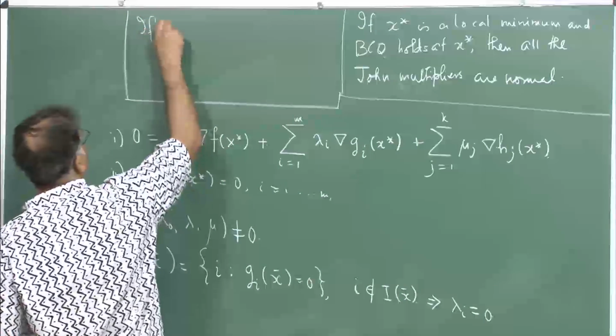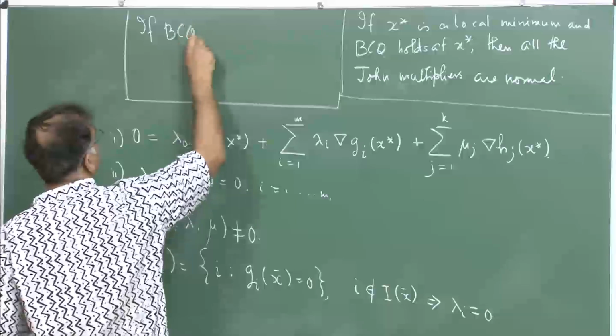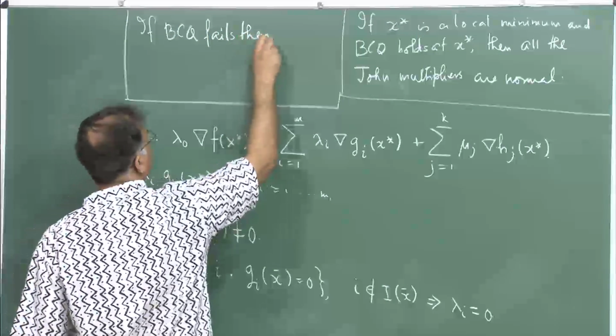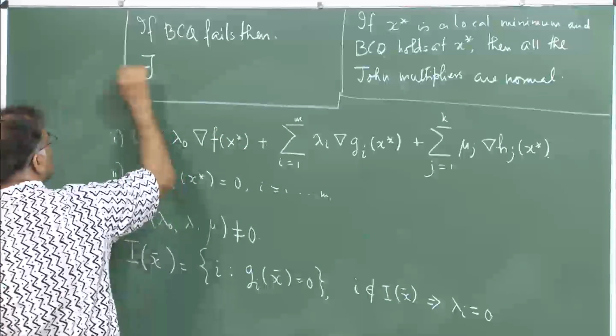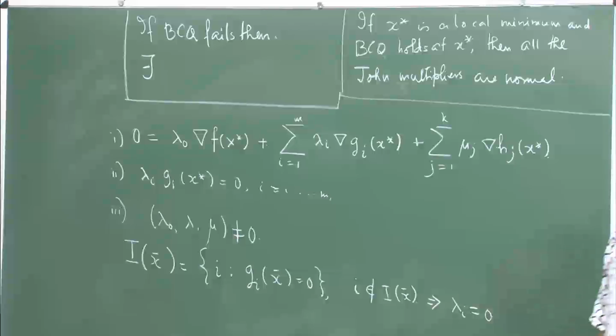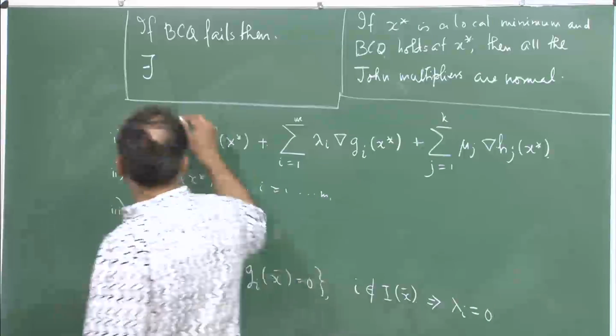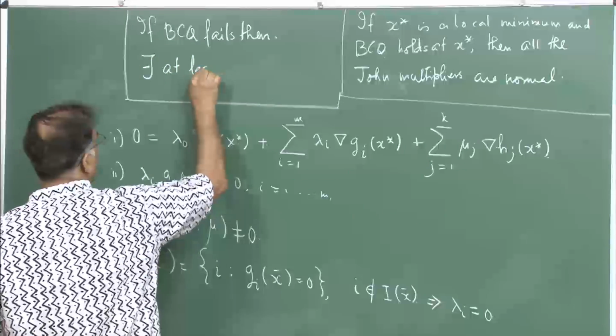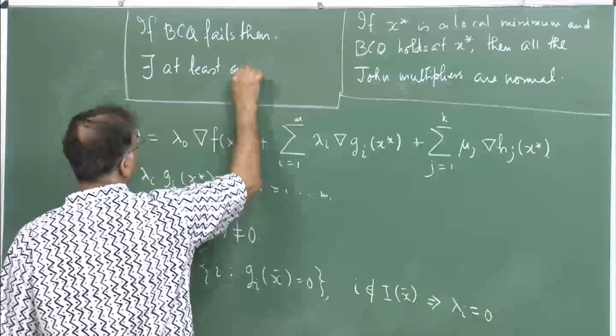If BCQ fails, then there exists at least one abnormal multiplier, which is a sign used by mathematicians.